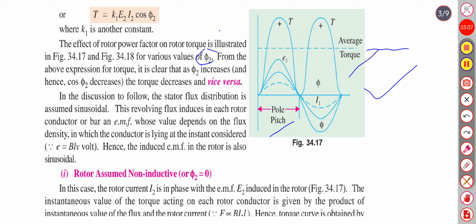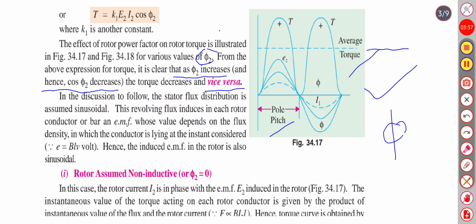From the above expression for torque, it is clear that as phi 2 increases, cos phi 2 decreases. This means as the rotor flux lag increases, the rotor power factor decreases, and vice versa.